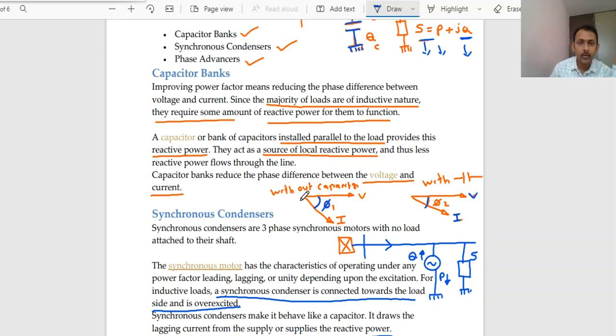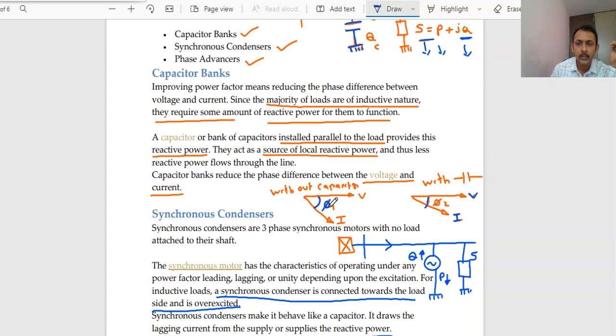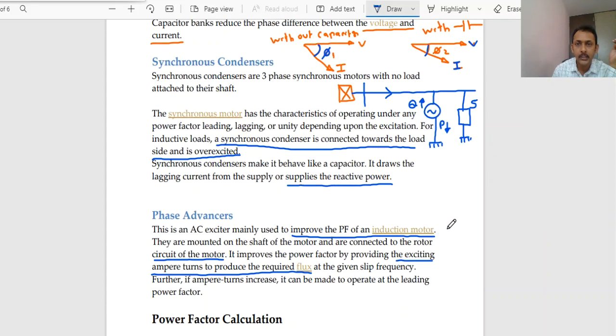Next is the synchronous condenser, which is nothing but an overexcited synchronous motor. In parallel to the load, you connect a three-phase synchronous motor operated in the overexcited state.